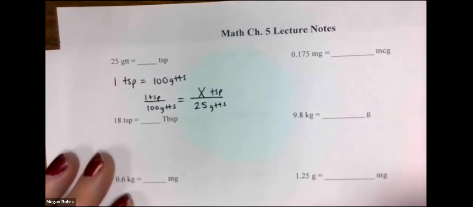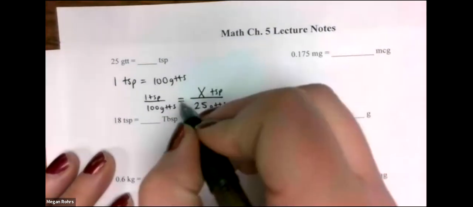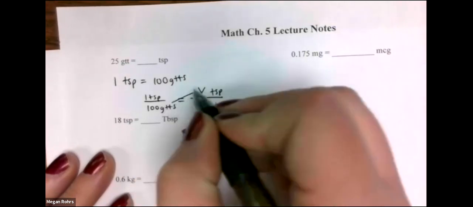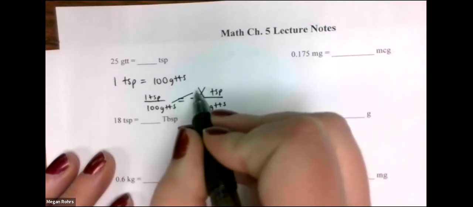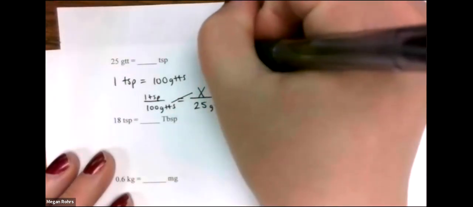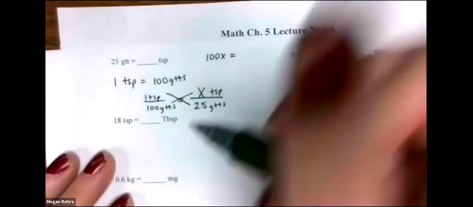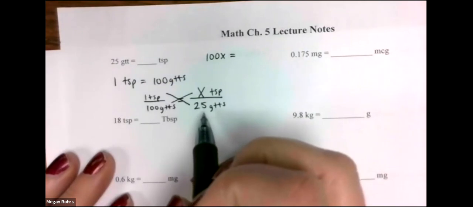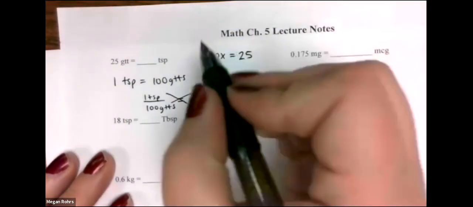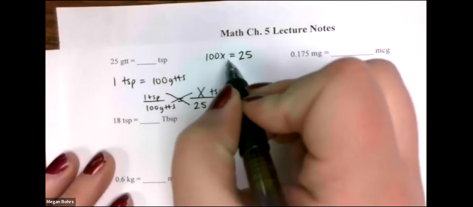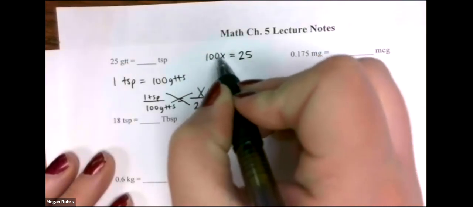So once again, cross multiply. Going this way, I have 100 times x, which is 100x, equals 1 times 25. So this is 100 times x, so I need to do the opposite of multiplication.